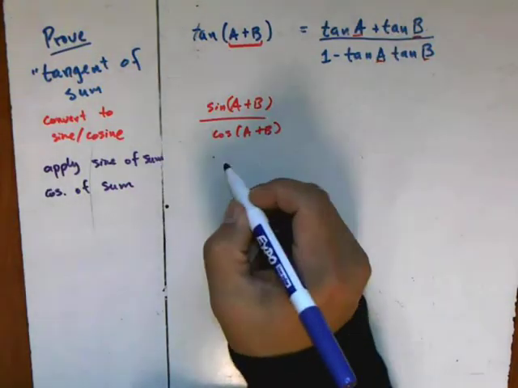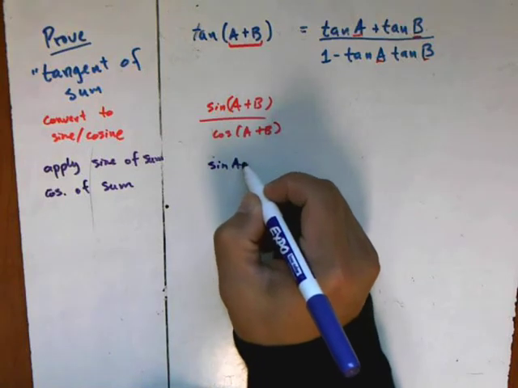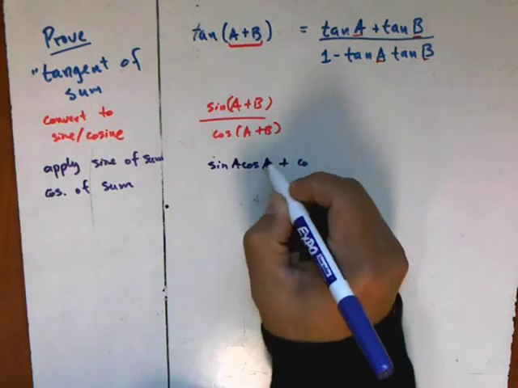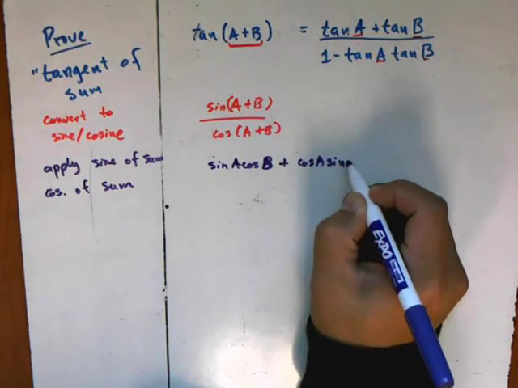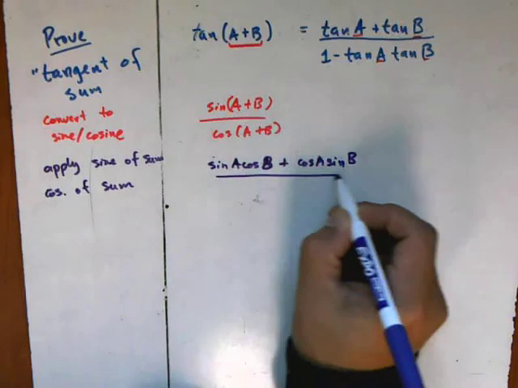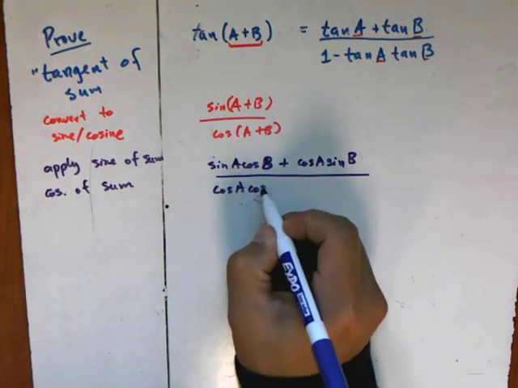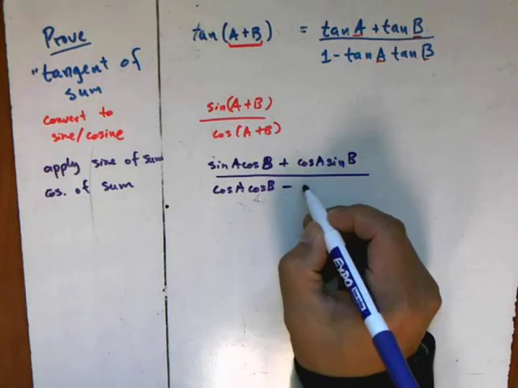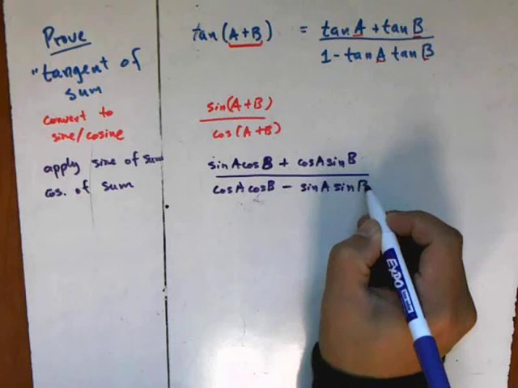For the sine of a sum, I'm going to get sine A cos B plus cos A sine B. For the cosine, I'm going to get cos A cos B minus sine A sine B.